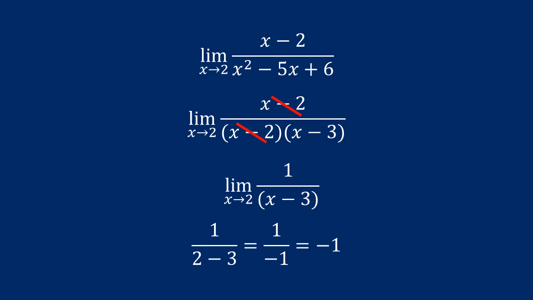which is just equal to negative 1. Now, the reason why the value x equals 2 is a removable discontinuity rather than an infinite discontinuity like x equals 3 is because x minus 2 is a factor in both the top and bottom of the function, meaning that they can cancel.